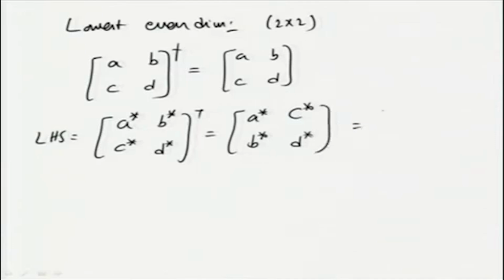That should be equal to RHS, which tells you that A is a real number, B is equal to C star, and D is equal to D star, a real number. So, the diagonal elements are real, and the off diagonal elements are complex conjugates of each other symmetrically. That is what will happen if you have larger dimensions. So, let us take 2 by 2, and this is how it is. Any Hermitian matrix you can write as A, B, B star, D, fine.